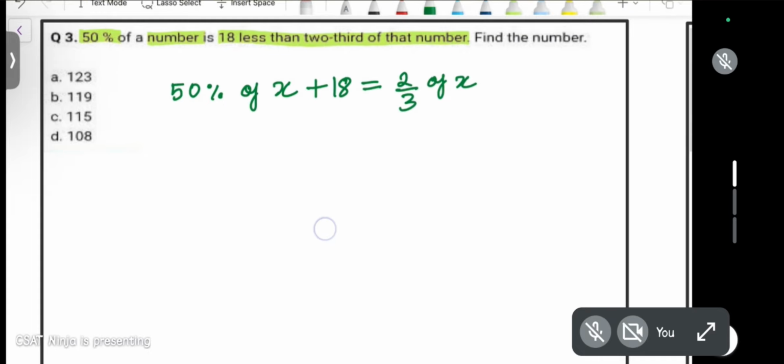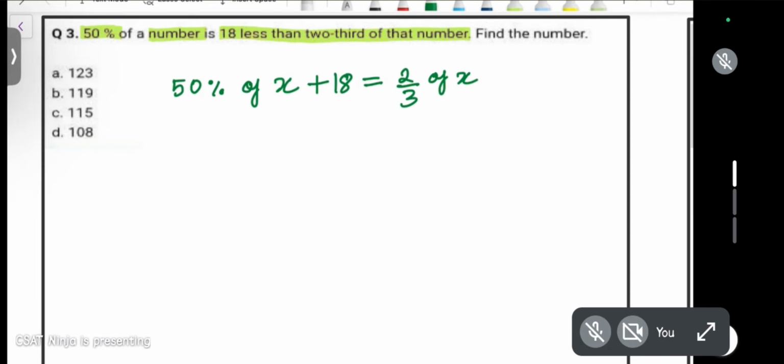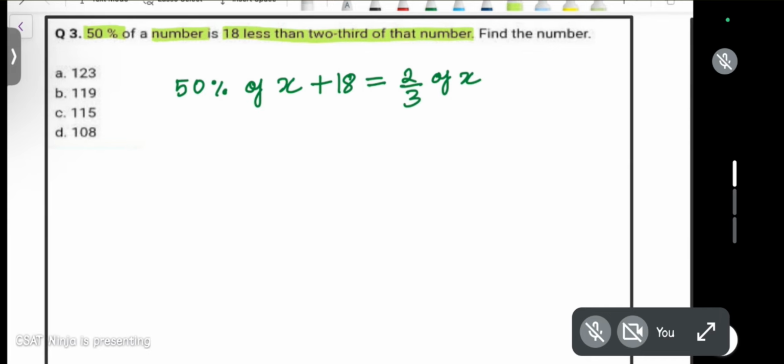So now in this case, look at this one. How should I bring it up here? 50% of a number is 18 less than 2/3 of the number. That means this 50% is less than 2/3 of the number by 18.